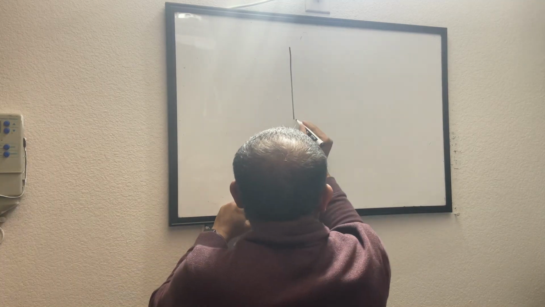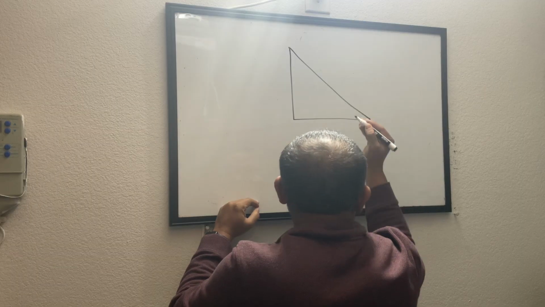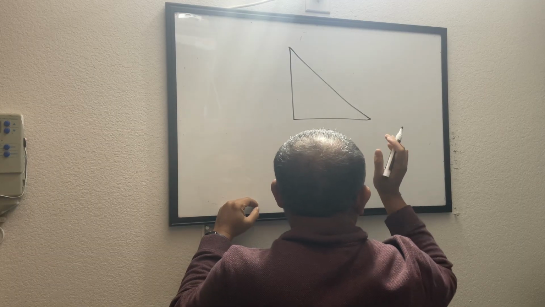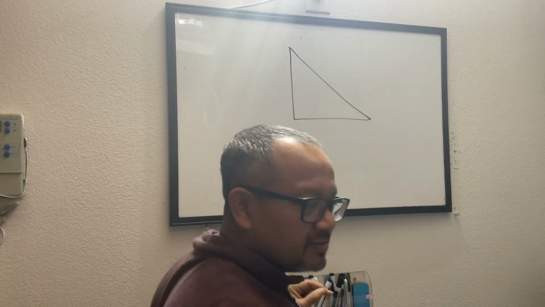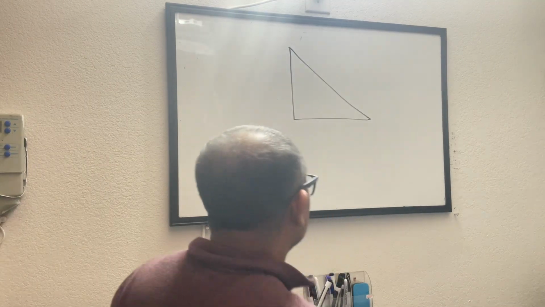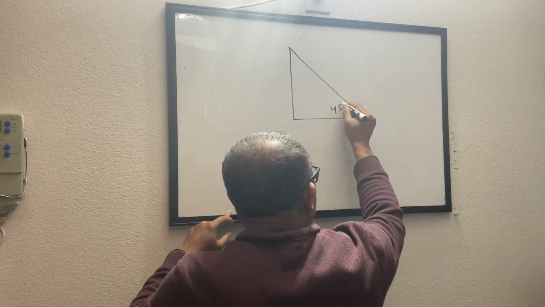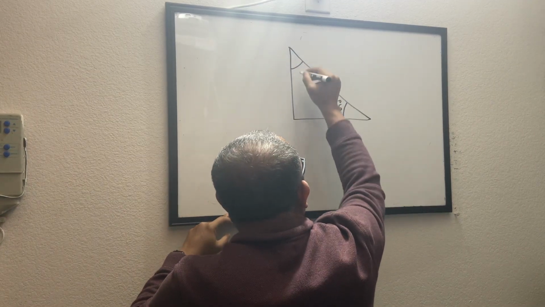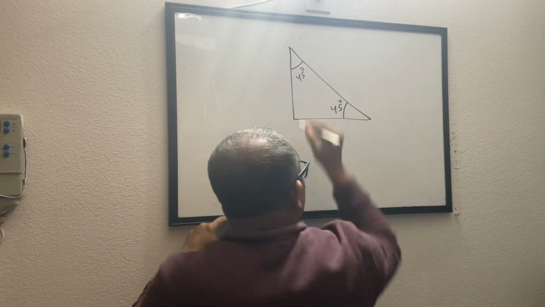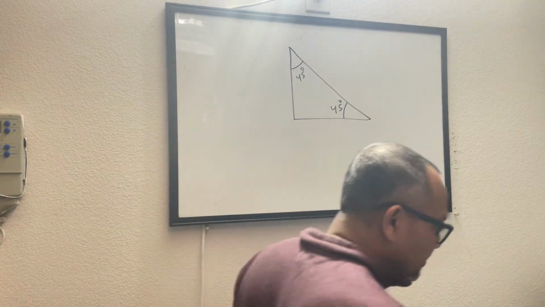Okay, now let's look at a simple right angle triangle. Let's say this angle is 45 degrees. This angle will also be 45 degrees. Or let me do one thing.